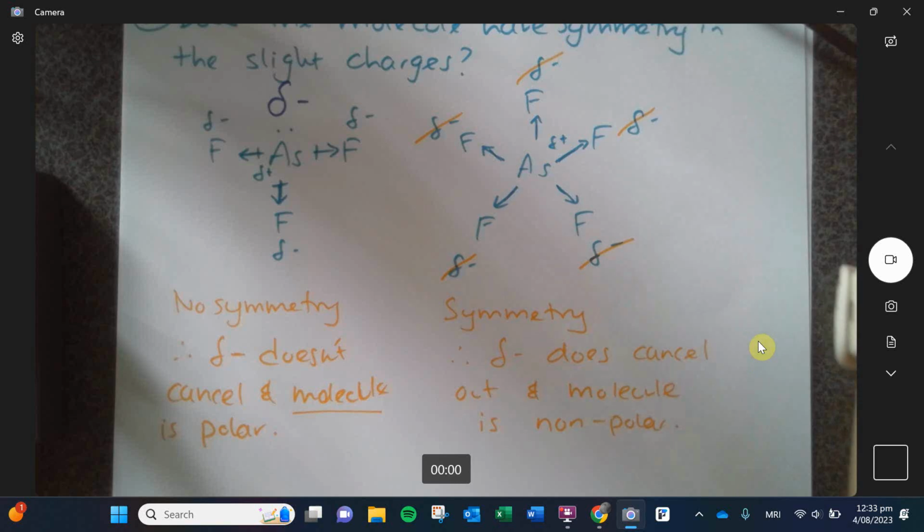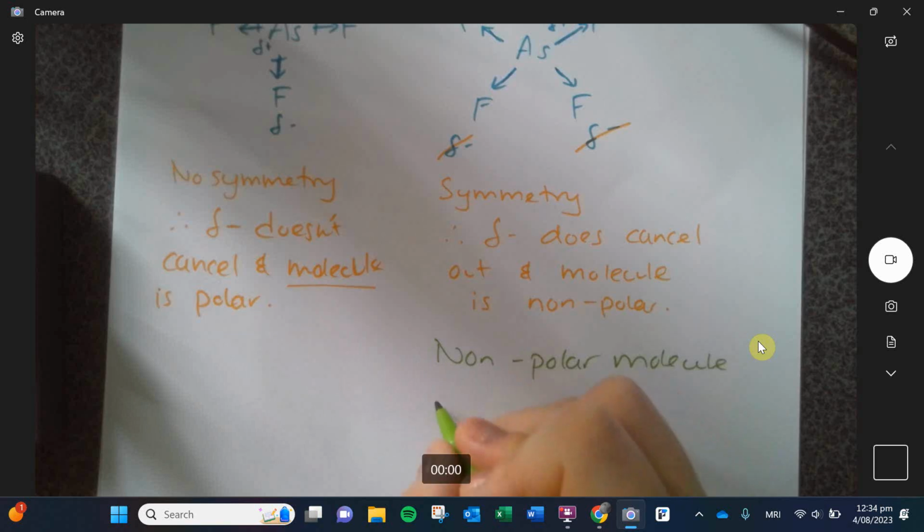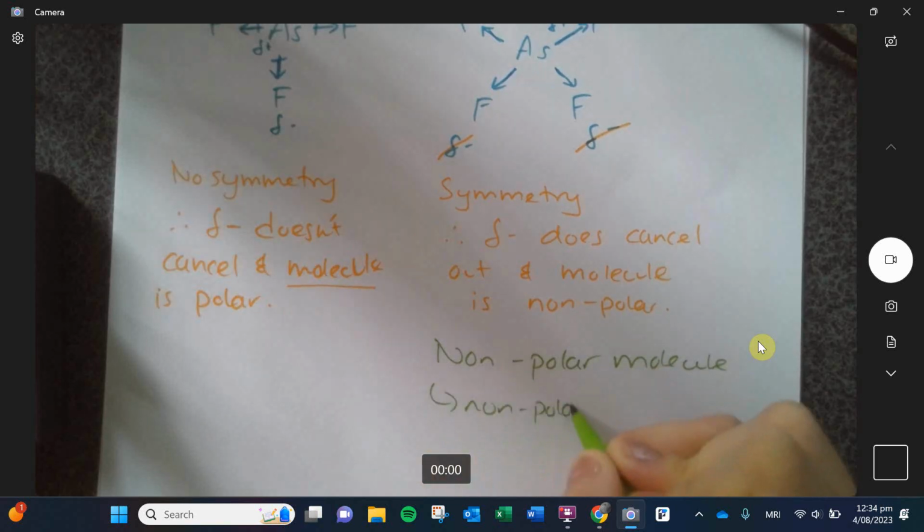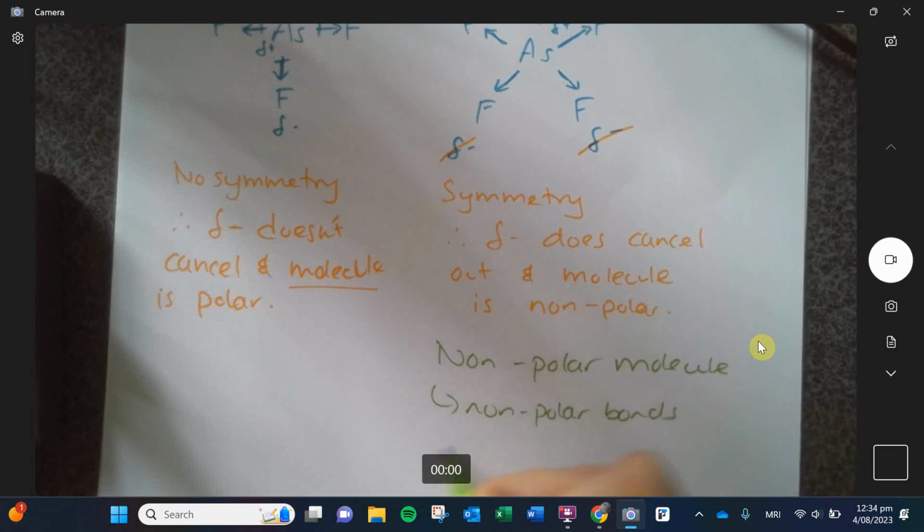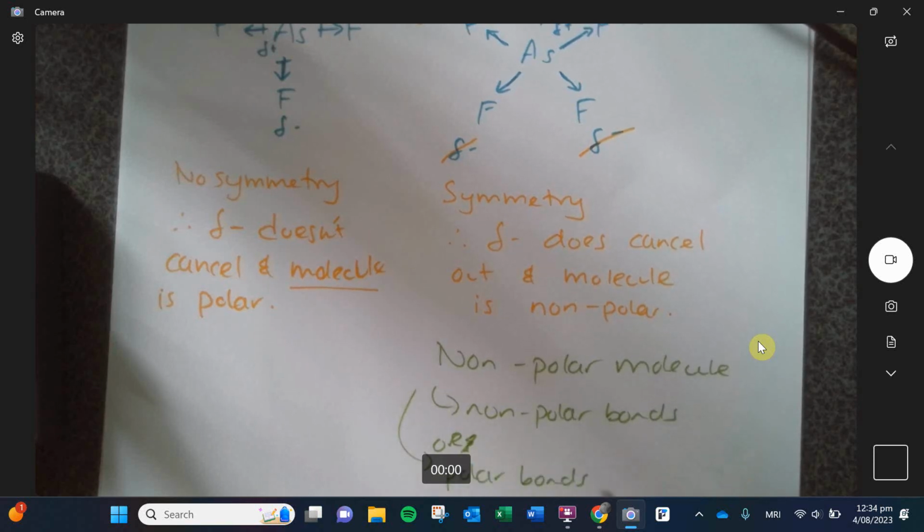Do you want me to repeat that? Okay. I'll write it down actually too, because my level 2s were confused about this too. So if I have a non-polar molecule, it either has non-polar bonds, or it has polar bonds, but the symmetry cancels it out.